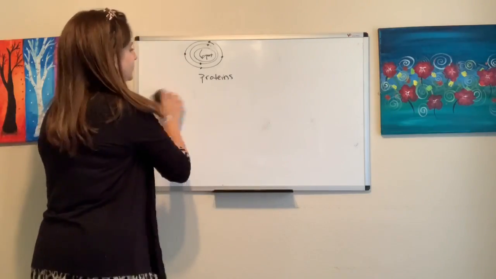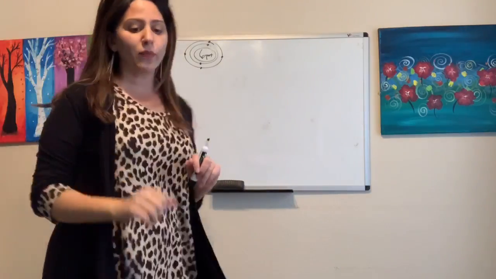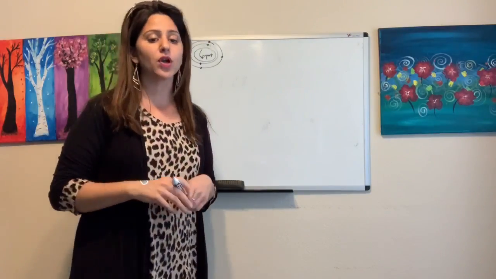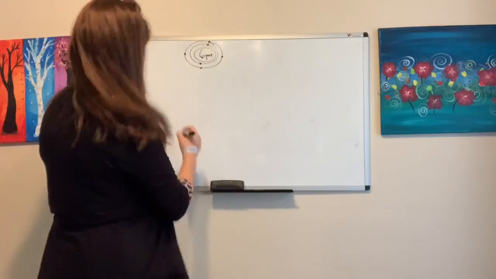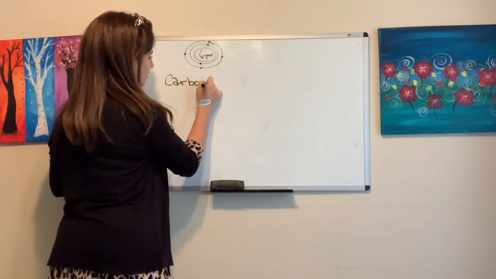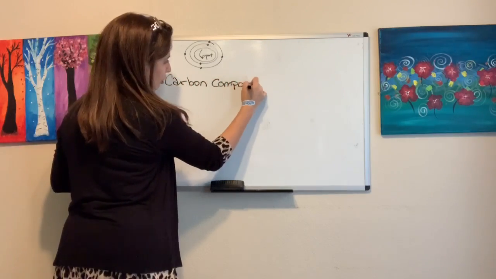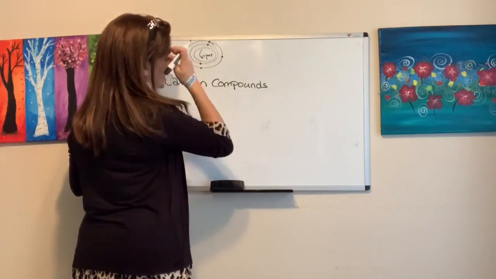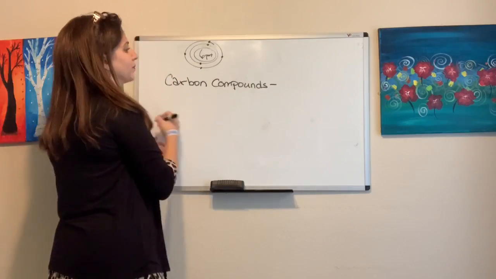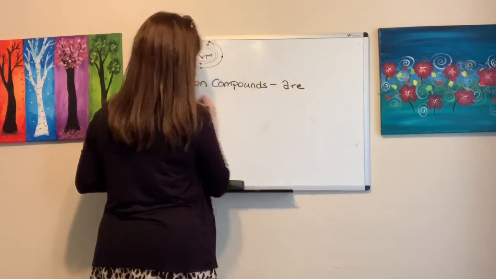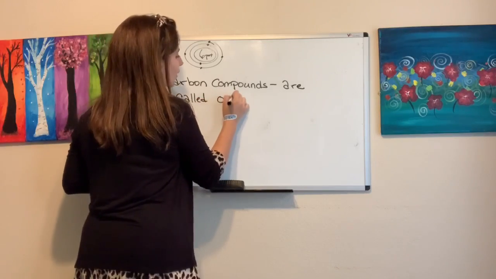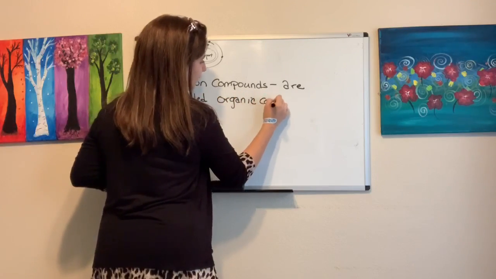So now that we have a slight understanding of it, just to go a step further, just to understand that carbon compounds, which is anything made up with carbon, right, are called organic compounds.